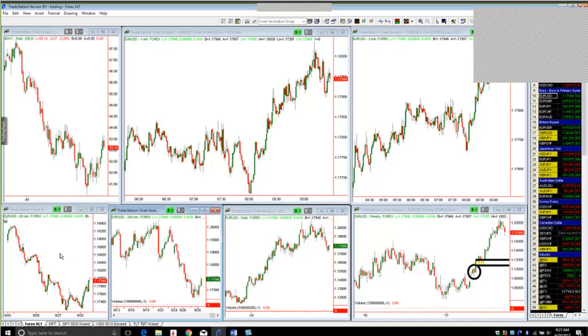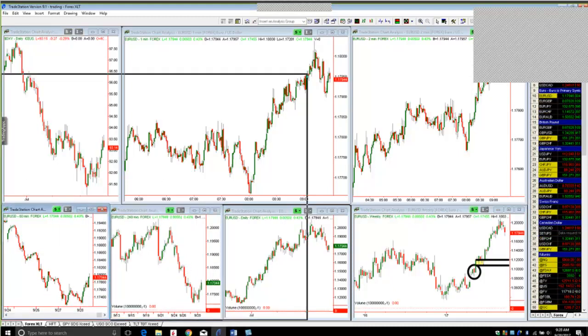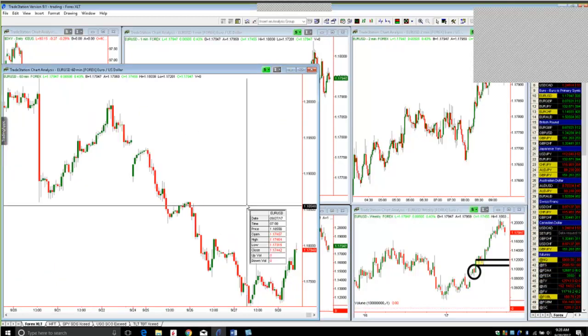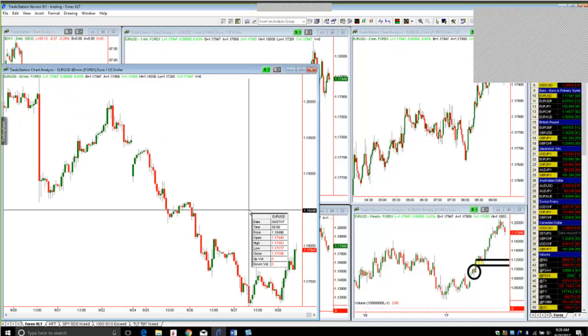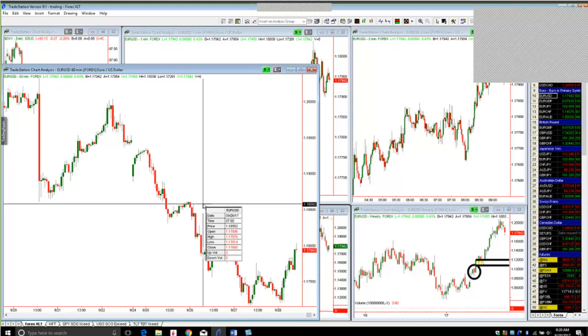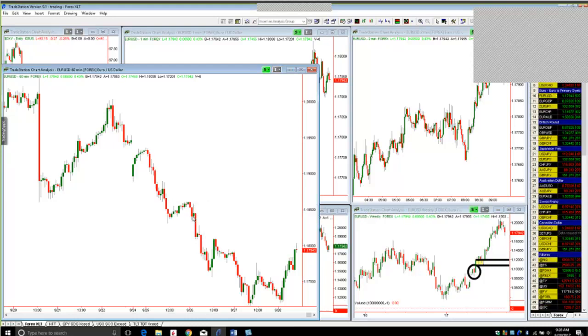Be careful with that though, because I looked at this earlier this morning. Here's that 118. Here it is. So it's not necessarily this area up here, and it's not this area down here, so we wouldn't take this level. And this whole thing is kind of a pullback into this area.